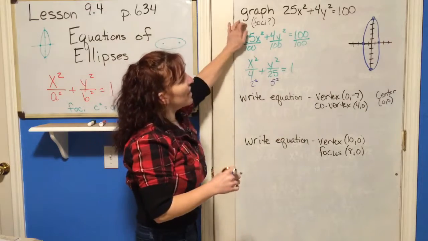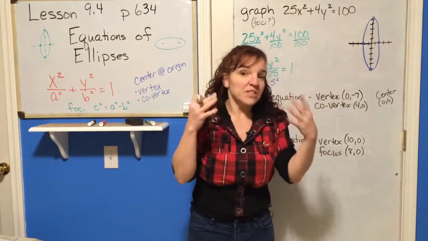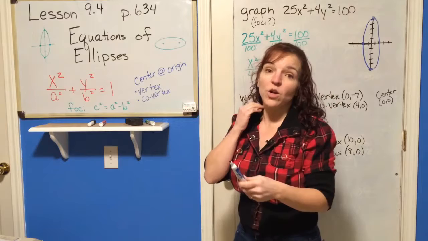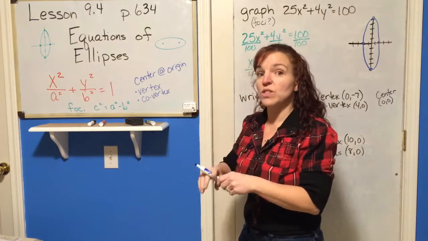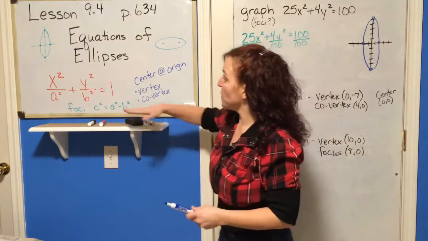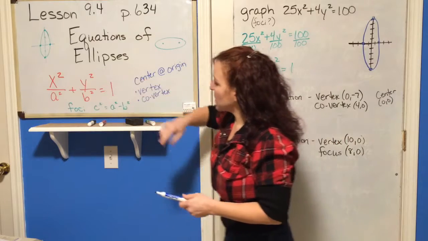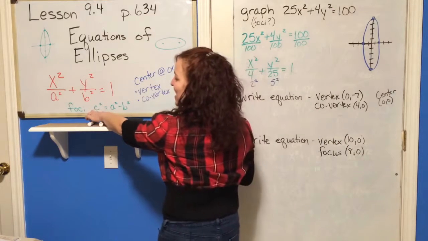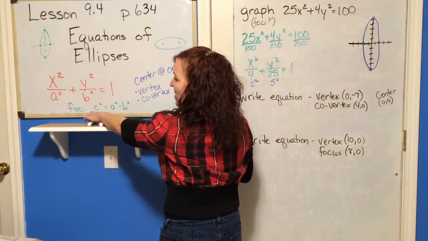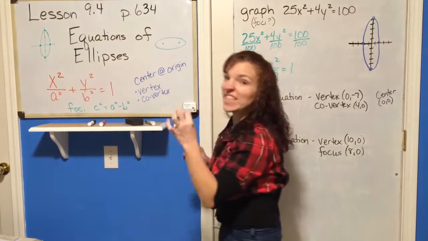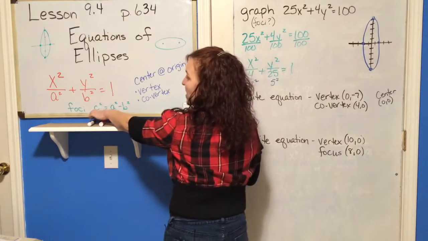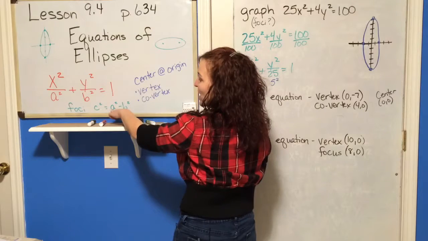Now, to find the foci, and for right now we need to find them so we know where they are, and also because later on we're going to use them to find an equation. C is the distance that the focus is from the center. So C equals the square root of a squared minus b squared.